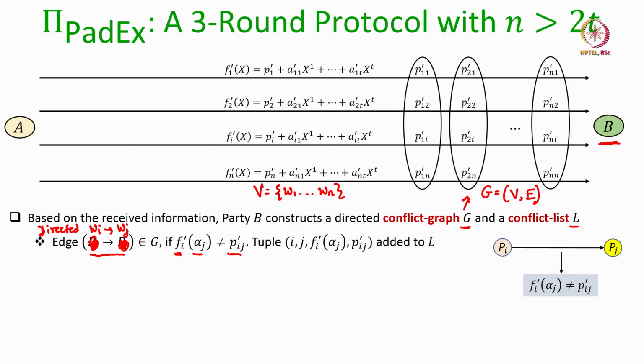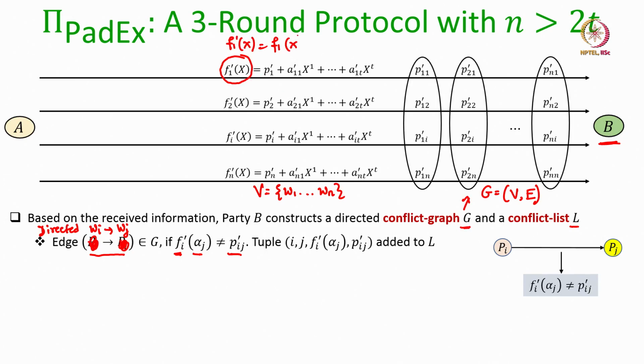So, what we are trying to do here, ideally say for instance, if I take the polynomial f1 prime x, then if f1 prime x is delivered without any error, that means adversary has not changed the polynomial f1 x, that means f1 prime x is equal to f1 x.